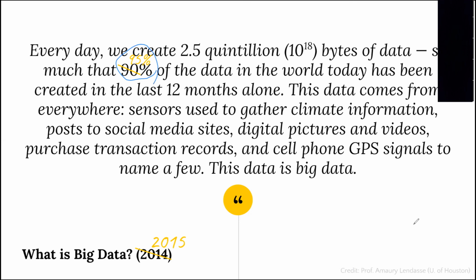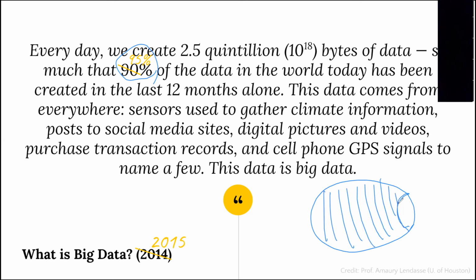So again, of the amount of data that's accumulated by us, 95% has been accumulated in the past 12 months, with respect to the year 2015. And that includes the year 2014. So if you think about it, that's a hell of a lot of data.